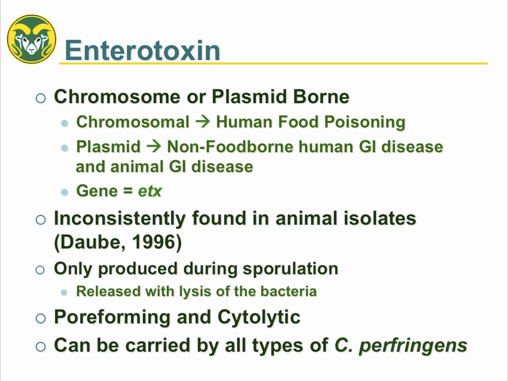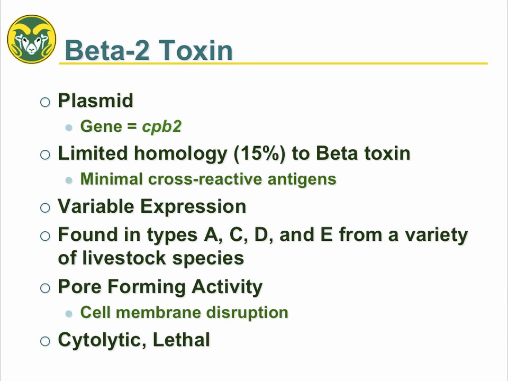It does form pores, it is cytolytic, and can be carried in all types of Clostridium perfringens, but again, in the studies that have been done in animals, it's uncertain how big of a role it actually plays in the diseases that we see in livestock. Beta-2 toxin, plasmid, has limited homology to the beta toxin, although it probably works by a similar sort of mechanism of forming a pore.